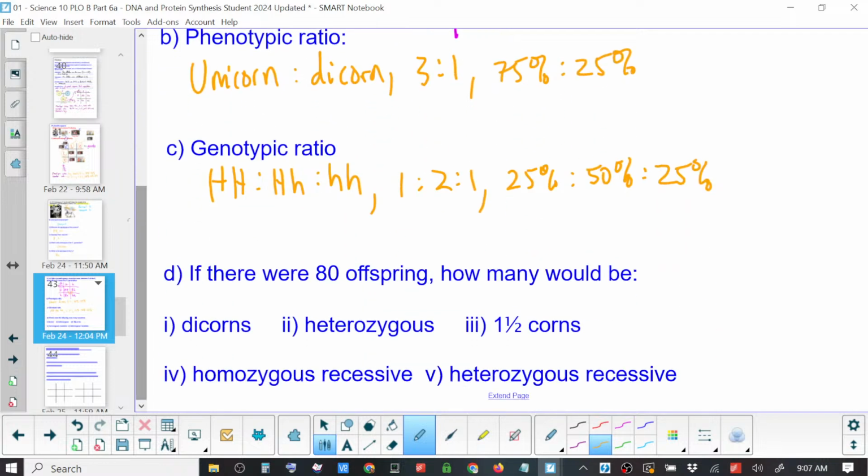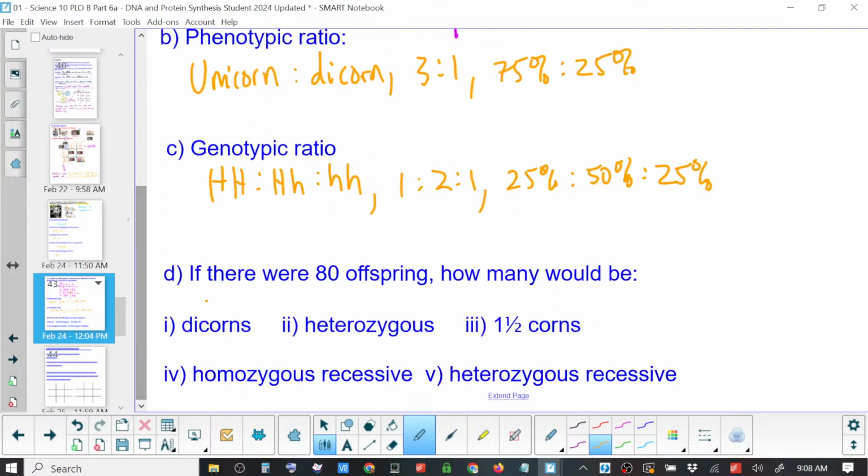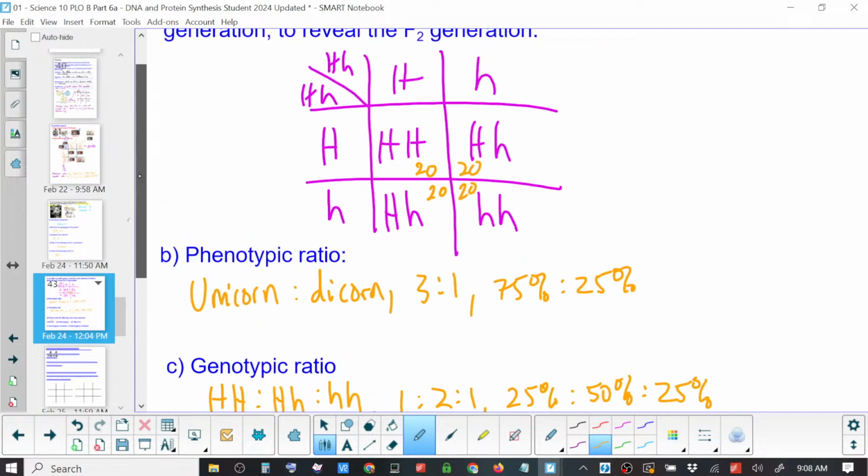So how many are dicorns? What's that one? Unicorn. What are those ones? Unicorns. What are those ones? Unicorns. What are those ones? Dicorns. There you go. So 60 unicorns.